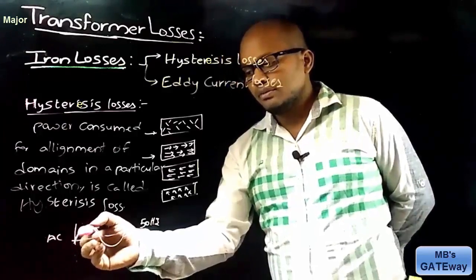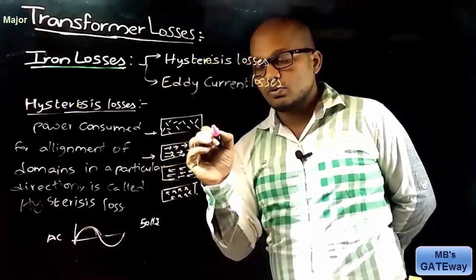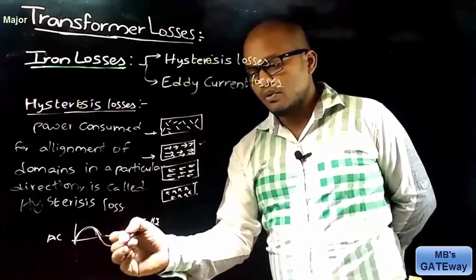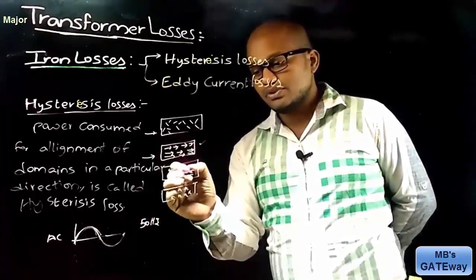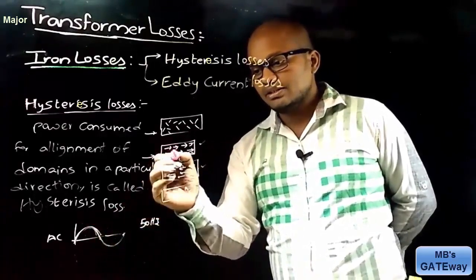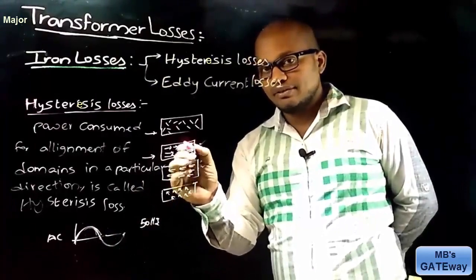So for the positive half cycle input to the transformer, the domains in the transformer core will align in a particular direction, let us suppose this. And for the negative half cycle, these domain directions must be changed, let us suppose to this direction. This means for one cycle these reversals of domains must happen, and for these reversals they require some power.